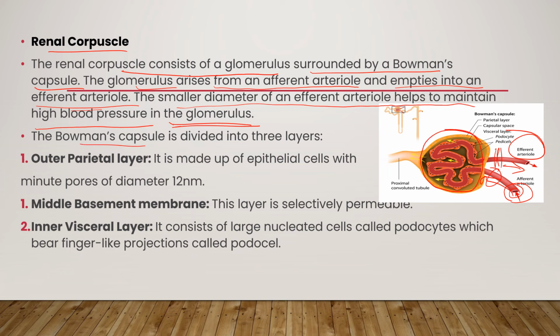Now the Bowman's capsule is divided into 3 layers. The outer parietal layer, you can see here in the diagram, the outer layer is the parietal layer. It is made up of epithelial cells and minute pores of diameter 12 nanometer. Then comes the middle basement layer, which is selectively permeable, and next comes the inner visceral layer.